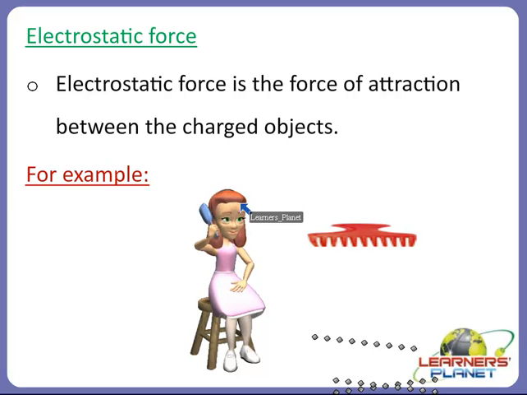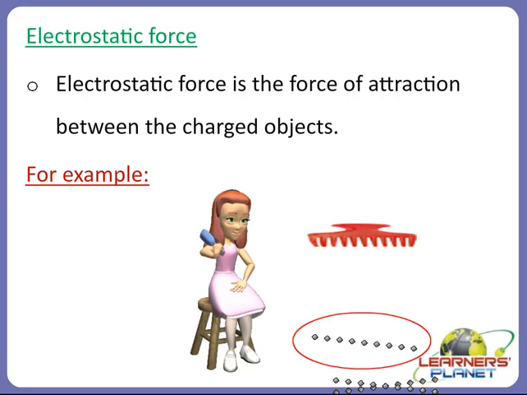So after combing the hair, what will happen? Yes. If we run a comb through dry hair, the comb becomes charged and is able to attract the tiny bits of paper which you can see here. These are the tiny bits of paper which are attracted towards this comb.